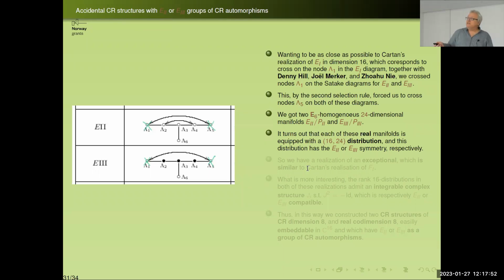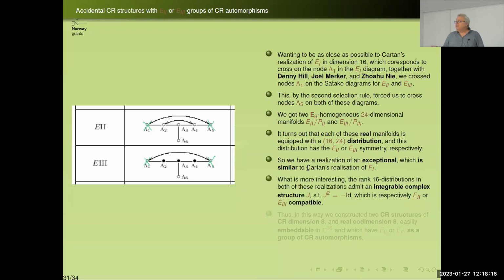This is the lowest dimensional, I believe, realization like this of these E's. Okay. So we have a realization of an exceptional, in this case E2 or E3, which is similar to Cartan's realization of F1 as a two-step parabolic geometry, and the group is realized as a symmetry of this distribution.